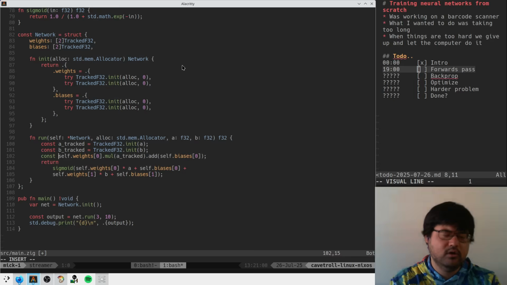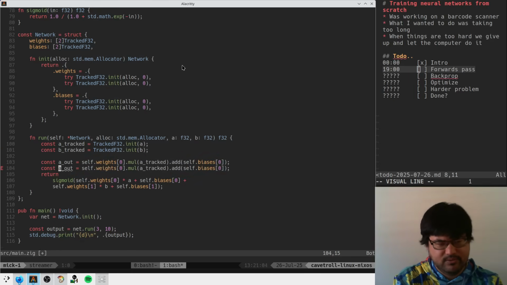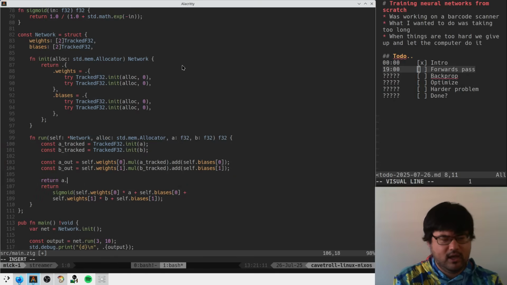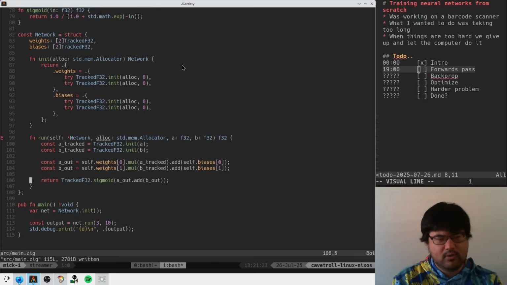Okay. A out or something. For B, we do weights 1, B, biases 1. And then we return the sigmoid. So tracked F32 sigmoid of A out add B out. Okay. Yeah. So far, looking kind of good.